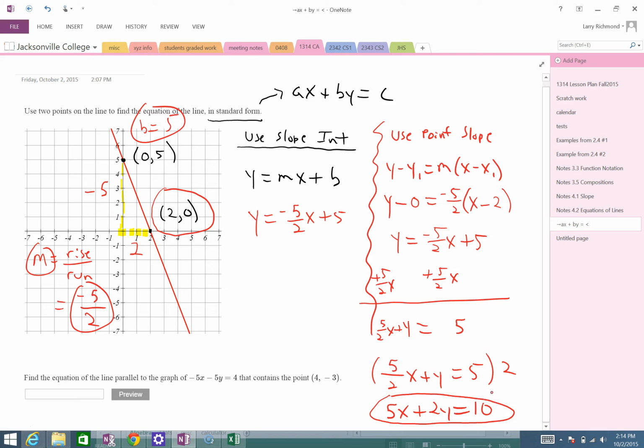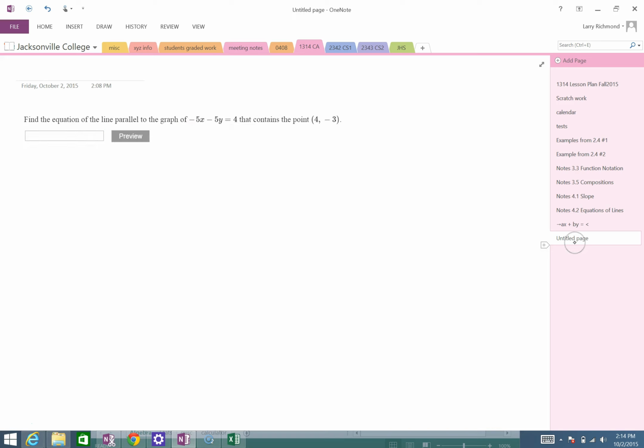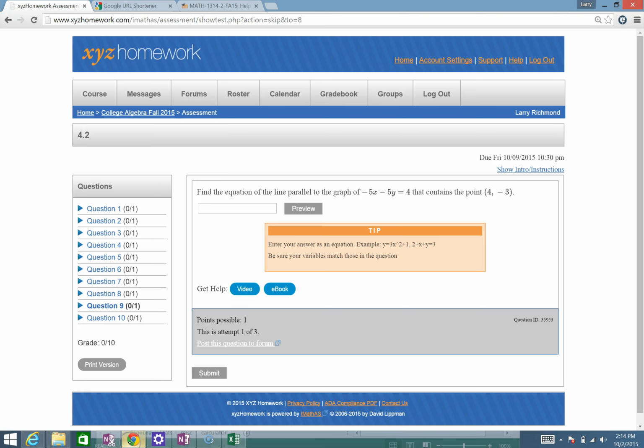All right. One more problem from our assignment. I'm looking at question number 9. Perhaps yours is similar. Find the equation of a line parallel to the graph of negative 5x minus 5y equals 4 that contains the point 4, negative 3.